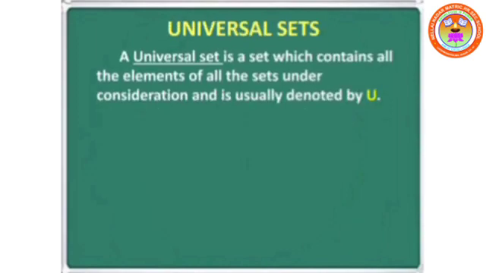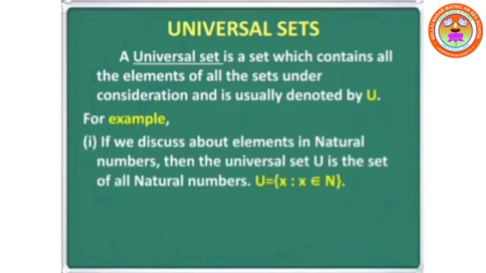Next one, universal sets. A universal set is a set which contains all the elements of all the sets under consideration and is usually denoted by U, the letter U. For example, first one, if we discuss elements in natural numbers, then the universal set U is the set of all natural numbers.